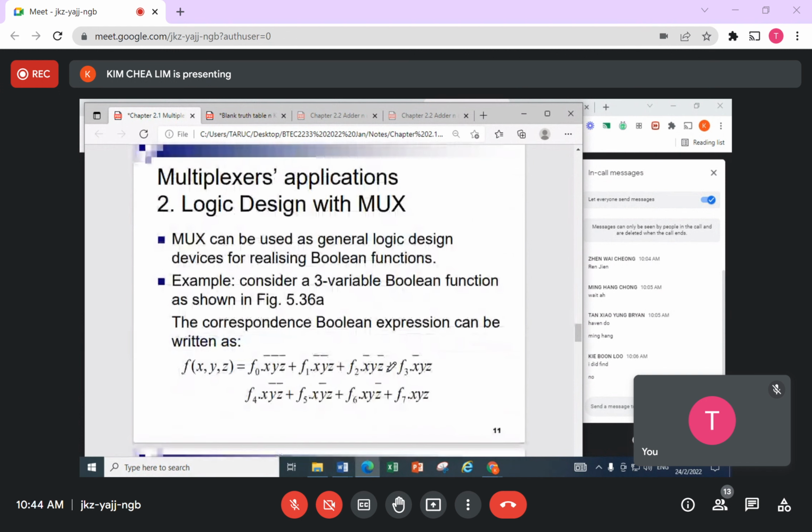Next is the logic design here with your multiplexer. You're going to find that the output for multiplexers is given by this equation, and this equation is for a 3 selector line.